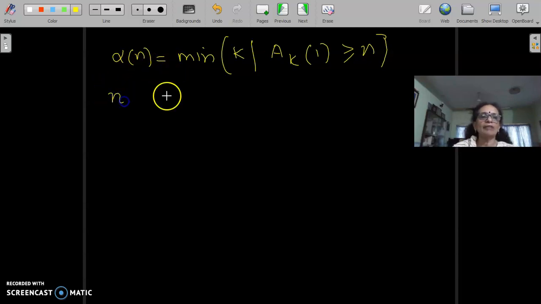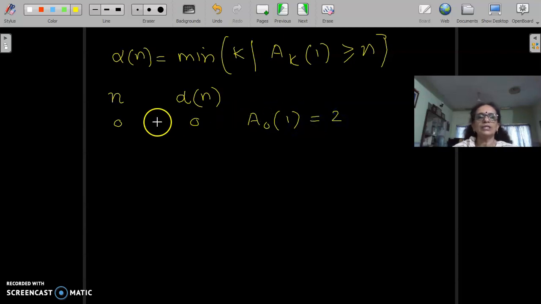So let us just plot alpha(n) for various n's and see. When n equals 0, what do we have for alpha(n)? The smallest k that we can think about is 0. A(0, 1), we know, is 2, so it is greater than or equal to 0.